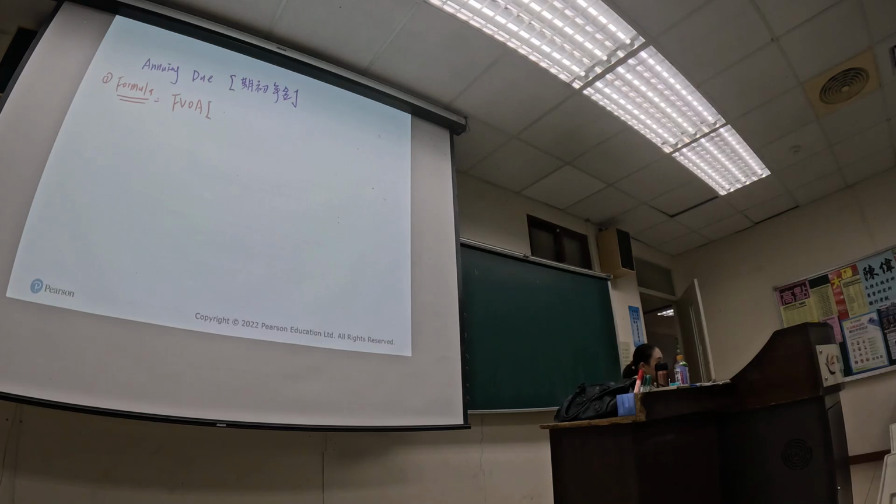FVOA, but this time is annuity due, would equal to C over R, 1 plus R to the power of N.